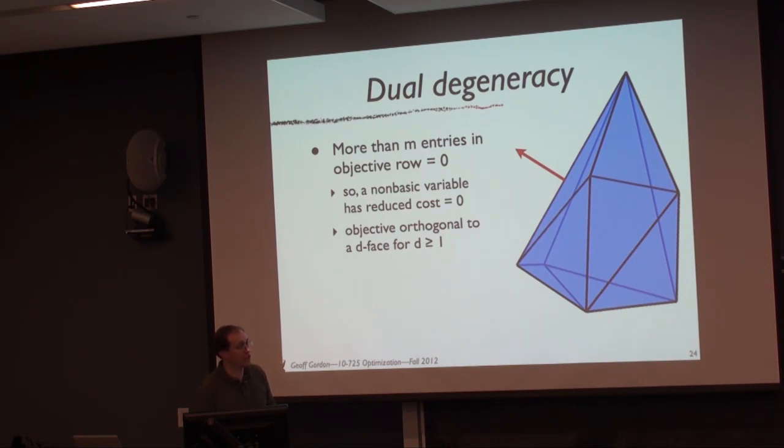Right, this is dual degeneracy, exactly when the objective is perpendicular to some edge. Oh, no, sorry, edge, face, anything, any d face for d bigger than or equal to 1.